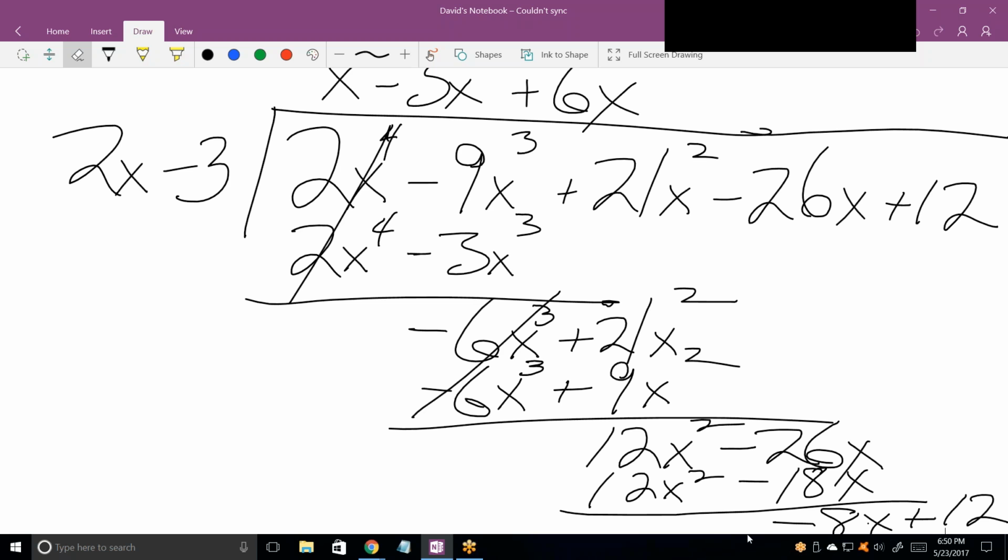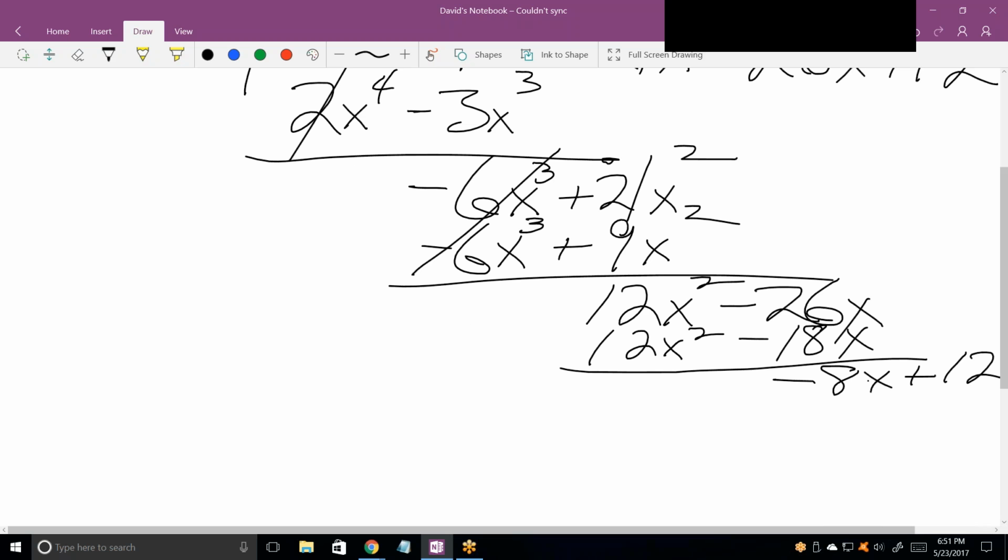I can still divide 2x into minus 8x. So then it's minus 4. And then negative 8x plus 12. And you subtract that, it is 0.